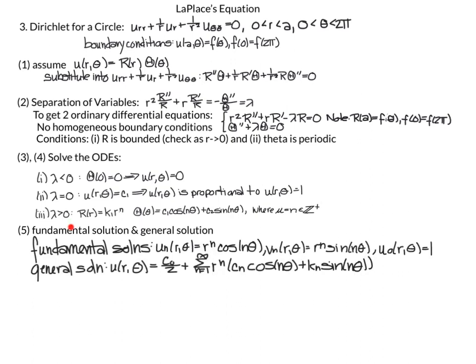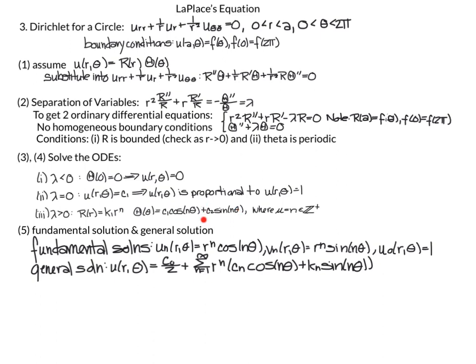Our next step is fundamental solution and general solution. So our fundamental solution, so we look at this, we have u_n of r, so we have our r to the n from r, times our cosine of n theta. And then we also have our r to the n times sine of n theta. Remember, r to the n times all of this capital theta, cosine n theta plus sine of n theta, is a solution.